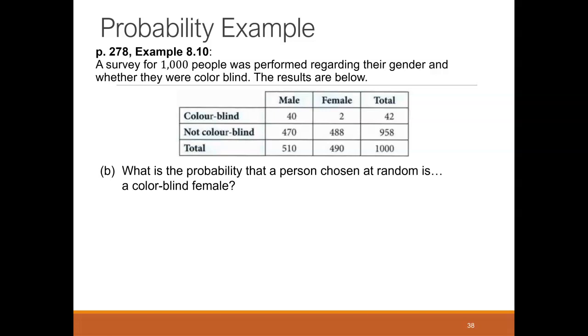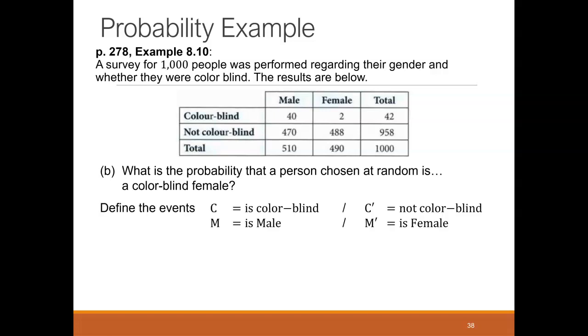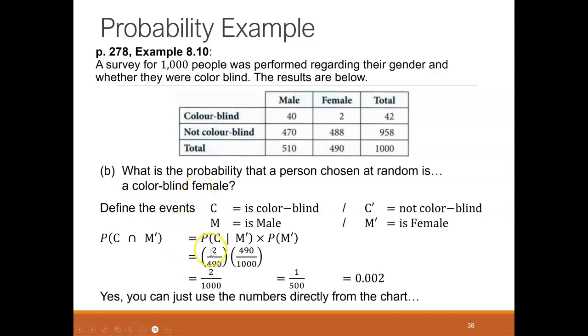So this is just the probability of C and F. So how many colorblind females do we have? How many total people do we have? So 2 out of 1,000. Now here we did it with a conditional, I don't know why we did it that way.